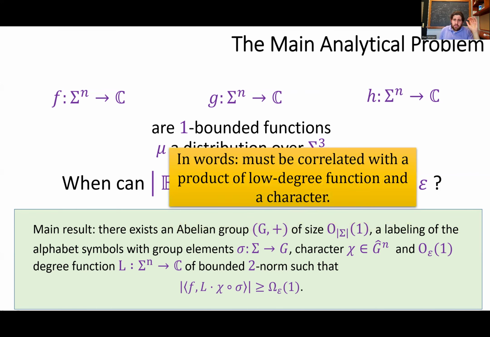In words, the functions f and similarly g and h must be correlated with a Fourier character up to multiplying by a low degree function. So you see that there is a combination of what's happening in the non-connected case and what's happening in the connected case. And this turns out to be all that can happen.